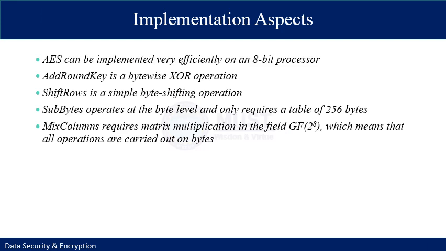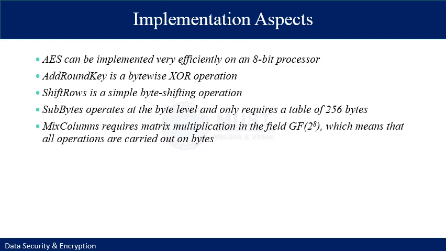AES can be implemented very efficiently on a number of processors, and it provides some suggestions for efficient implementation on 8-bit processors, typically for current smart cards, and on 32-bit processors, which typically work on personal computers.